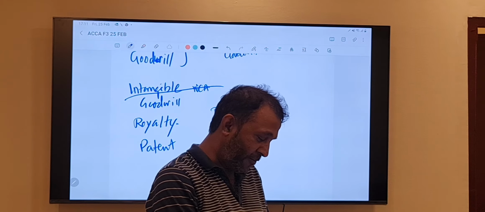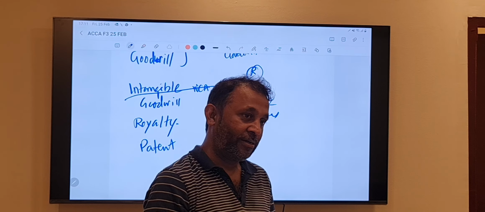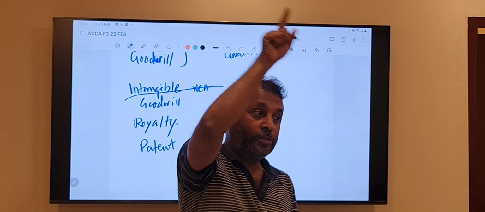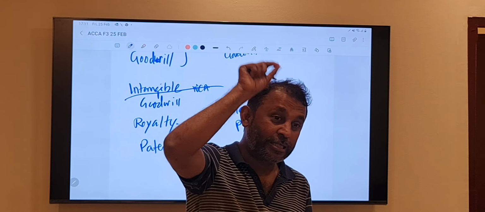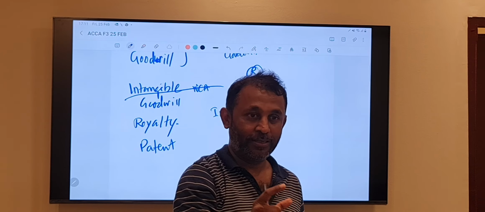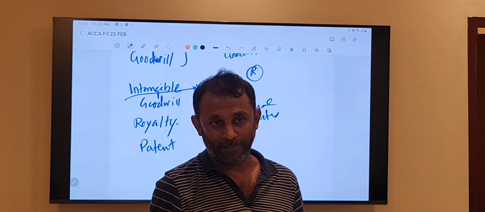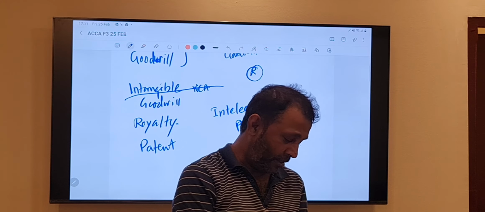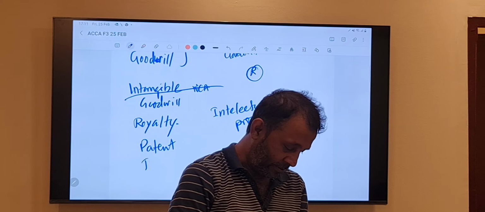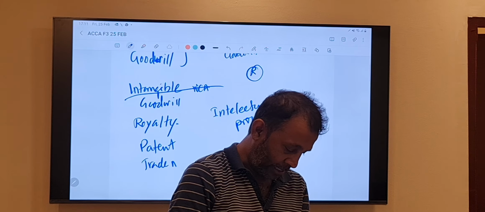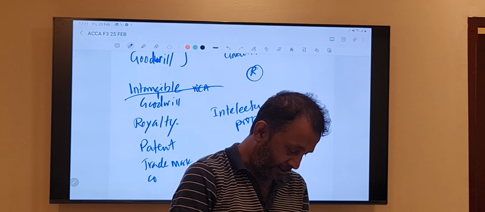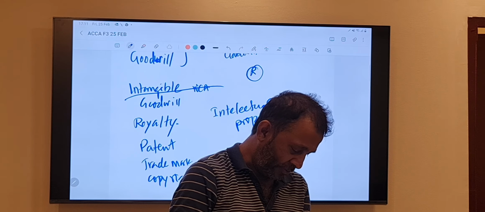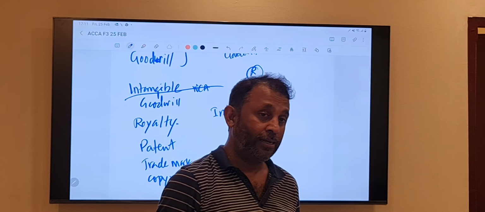Have you seen the R mark on the signboard on top? They have written this R mark. That's registered. That's a patent, that no one else can use. So when you happen to use this, you have to pay some money. So that is patent. Also we have trademark, copyright, all these are part of intangible assets.